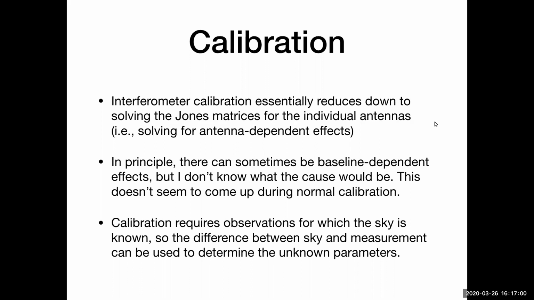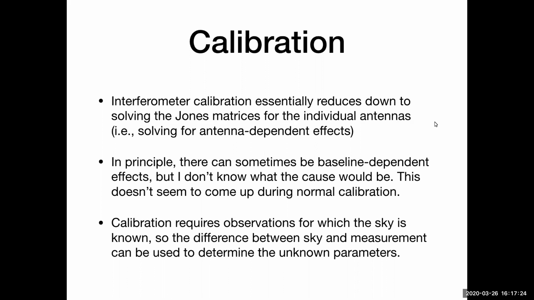And most calibration schemes these days don't have any calibration for those because they don't tend to be very large. If you try to calibrate for them, you end up with way too many free parameters, and so there's a lot of risk of overfitting your data, or over calibrating it.